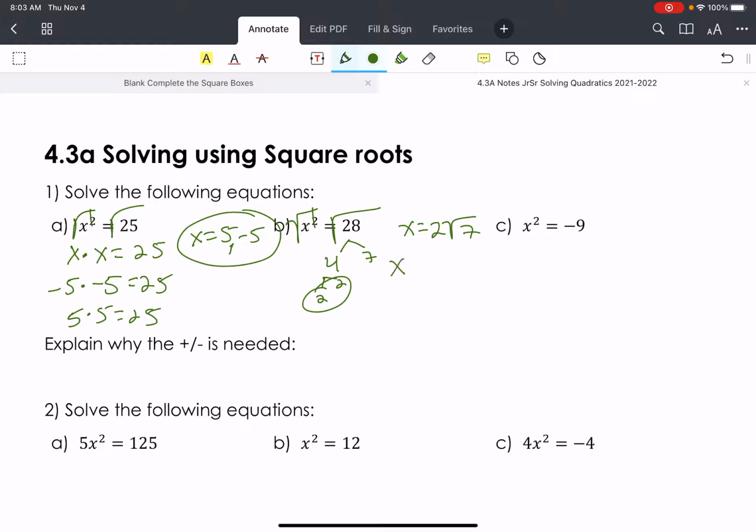X also equals -2 square root 7. Because anytime I take a square root, both the positive and negative are answers because if I'm looking for the same thing times itself twice, a negative has to be an option. Does that make sense?